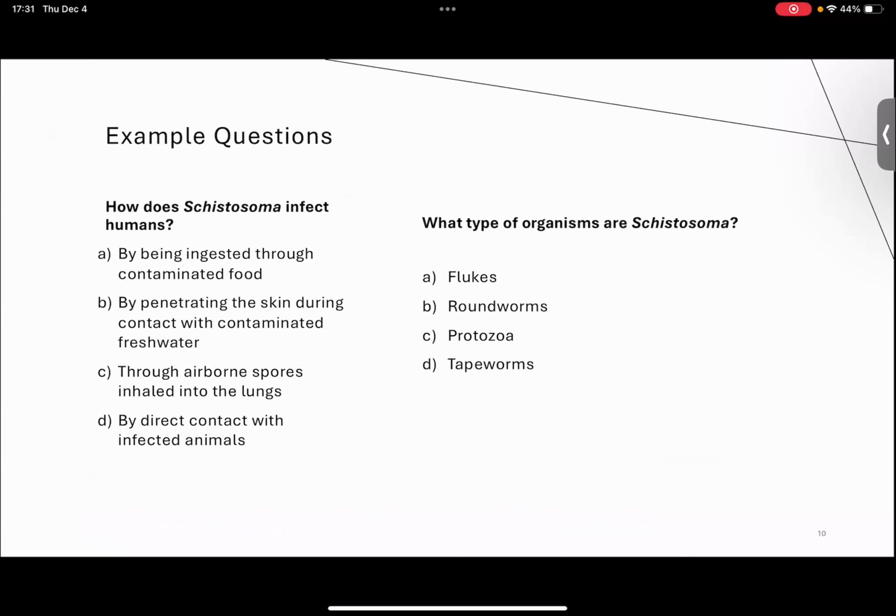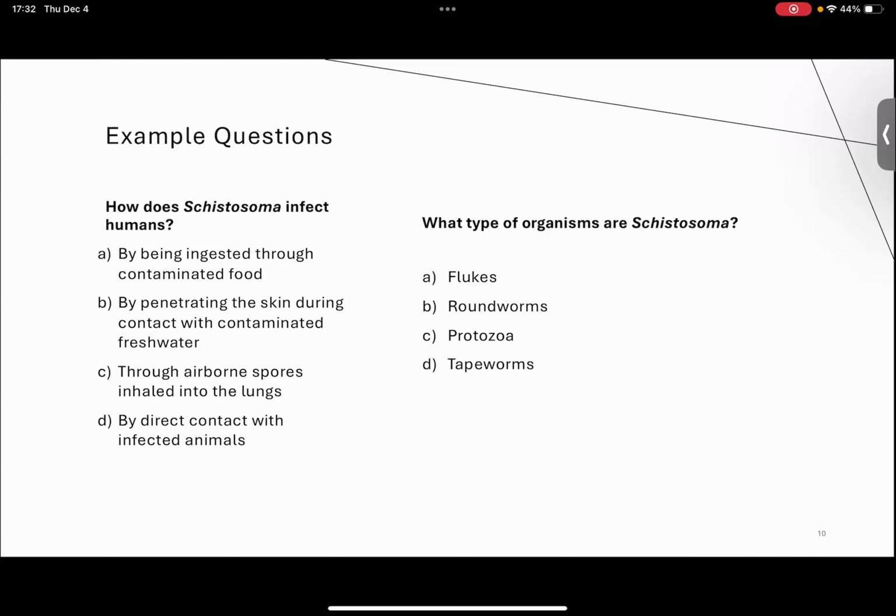How do they infect humans? Do they get in through contaminated food? No, not these guys. They get in by penetrating the skin during contact with contaminated fresh water, and there is an intermediate snail life cycle step there. Do we get them through airborne spores in the lungs? No, that sounds more like a fungal infection. None of the protozoa are transmitted airborne.